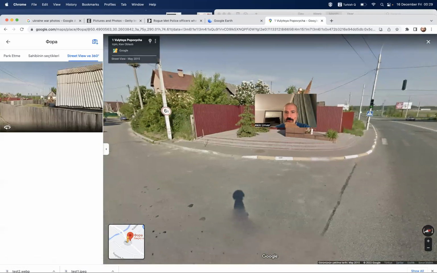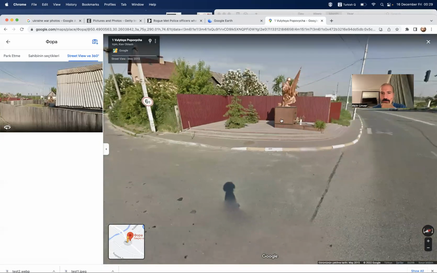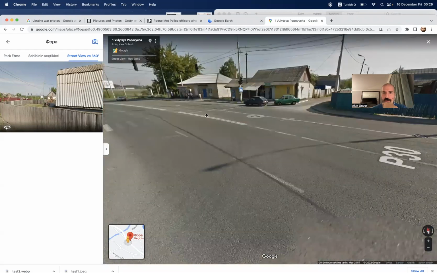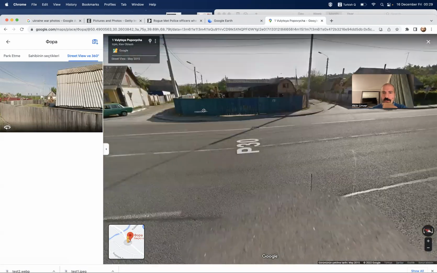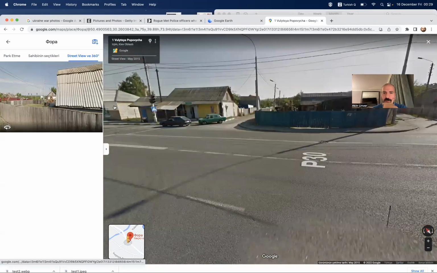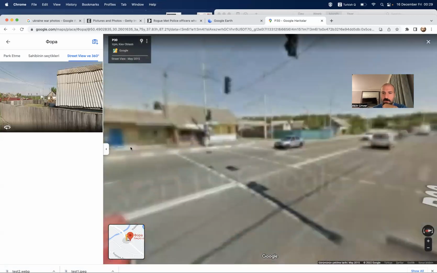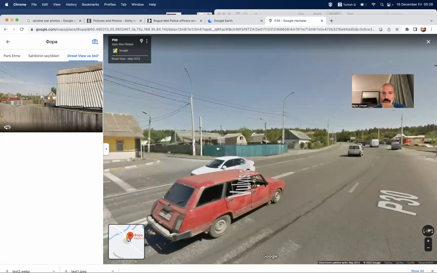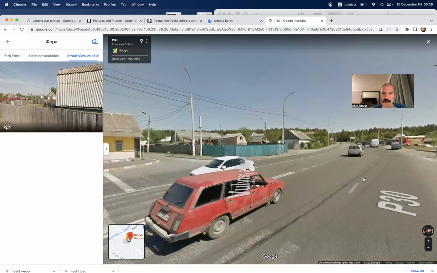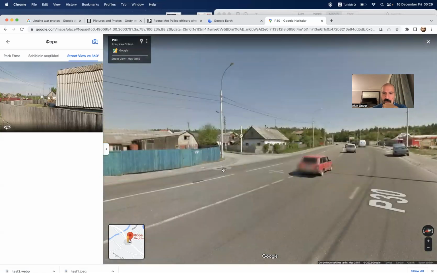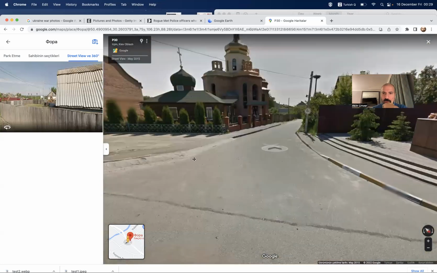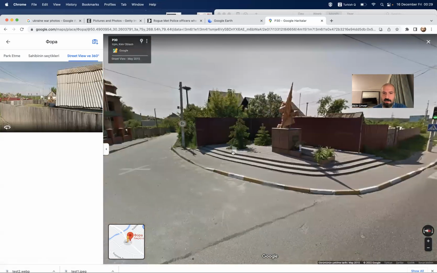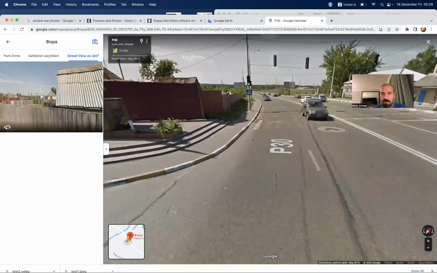Oh, okay. Wait, here's the soldier statue. So the soldier statue is right across where Fora is supposed to be. So probably they built Fora here. And this is where they're tending the wounded in the photos that we saw, because here's where the statue is.